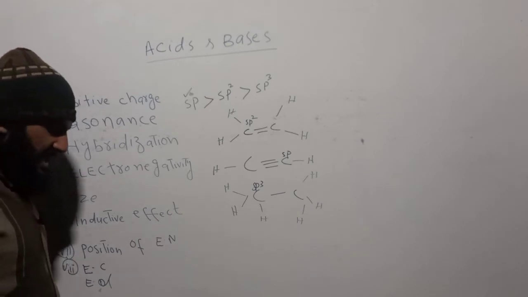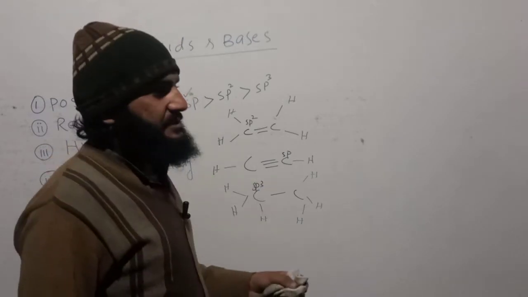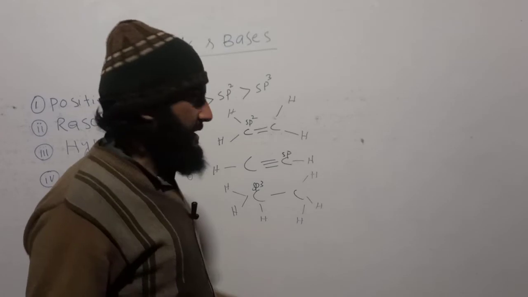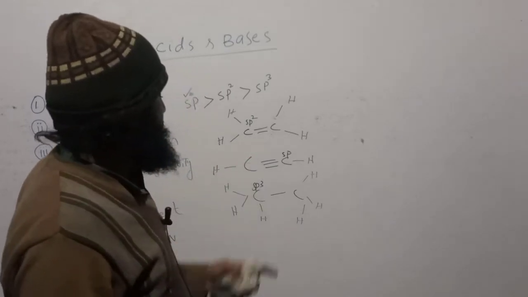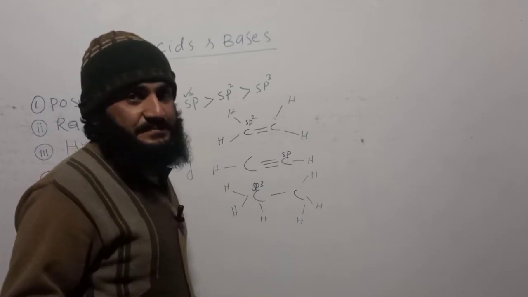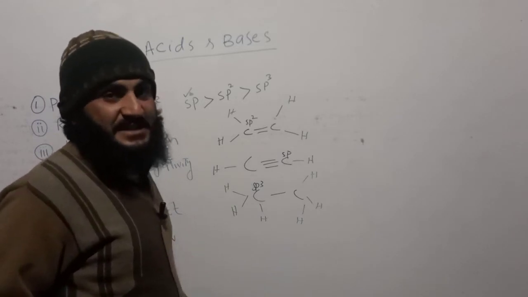electronegativity. Electronegativity also affects acidity in different ways. Clear? So you can see here that electronegativity increases the acidity, while in some cases electronegativity decreases the acidity.